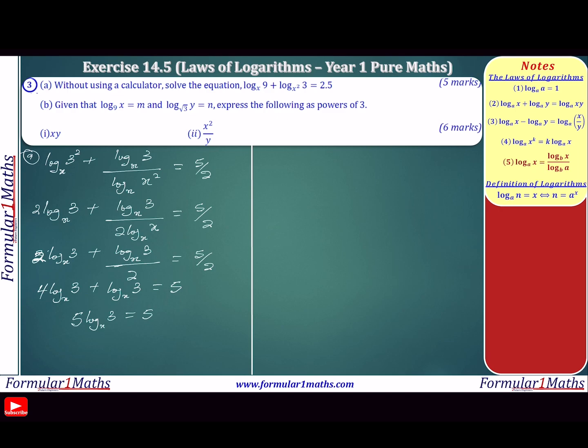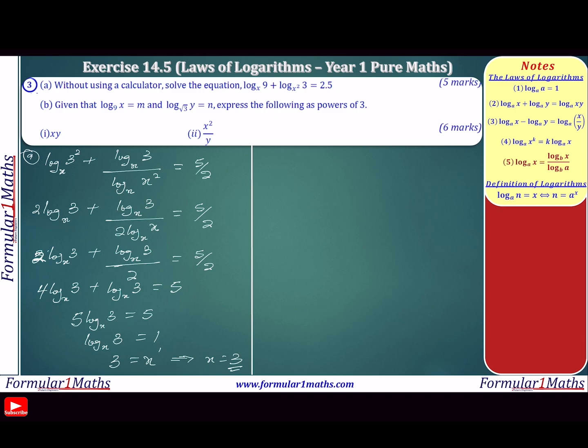If I divide both sides by 5, I'm going to be left with log to base x of 3 equals 1. And using the definition rule here, I'm going to get 3 is equal to x to the power 1, which implies that x is equal to 3. And that is the answer for question 3a.